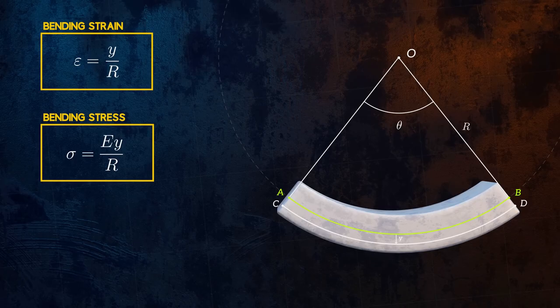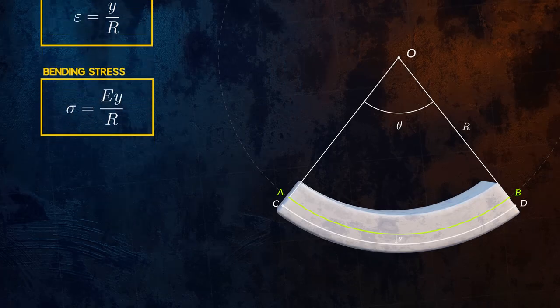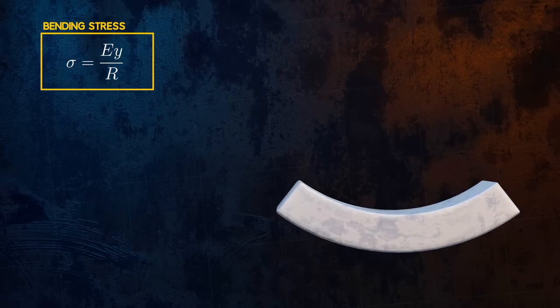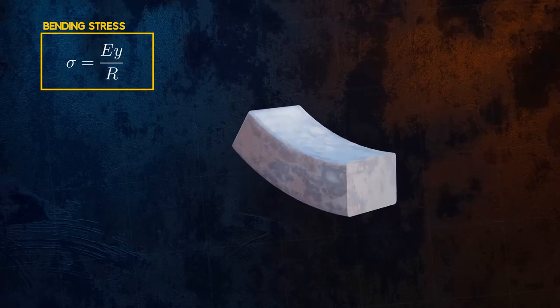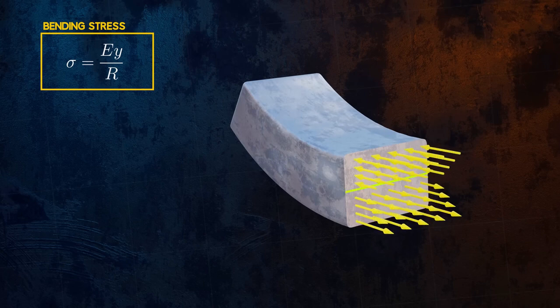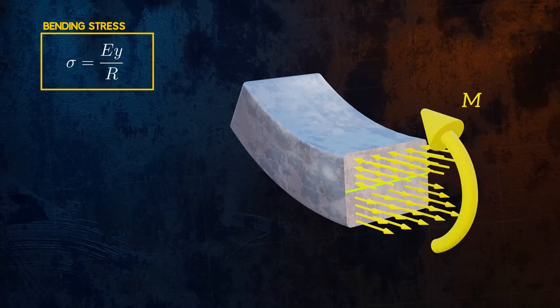But what we're really interested in is how the bending moment, M, affects the bending stress. If we make an imaginary cut through the beam, we can expose the internal bending stresses, represented here as a few discrete forces. The resultant moment of these internal forces must be equal to the bending moment M, and so we can calculate M by integration, like this. Now we can plug in the equation for bending stress we just derived.